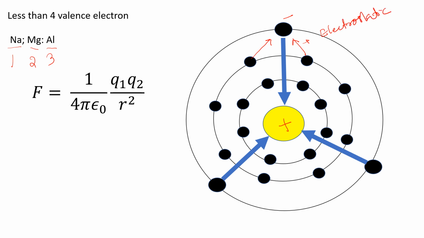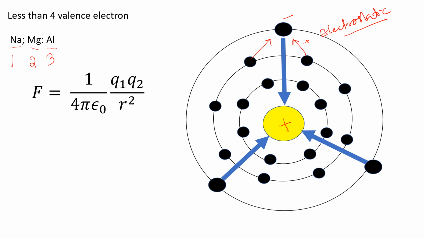This electrostatic repulsion is greater than the electrostatic attraction between the electron and the nucleus. Since there are only 3 electrons, they can't fight with these inside electrons, so they will be pushed away. Though they are bound to the nucleus, they are free.